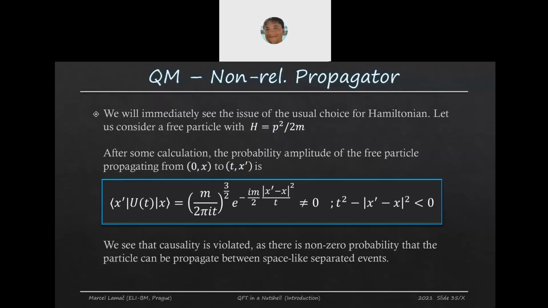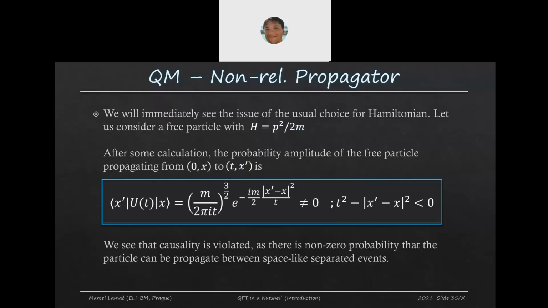Then it turns out that we are left with a function that is non-zero when we consider space-like separated space-time intervals. This is obviously problematic because this means that our particle can evolve, for example, in space-time diagrams, from 0 and x to some space-time position t and x' that is outside of the light cone.